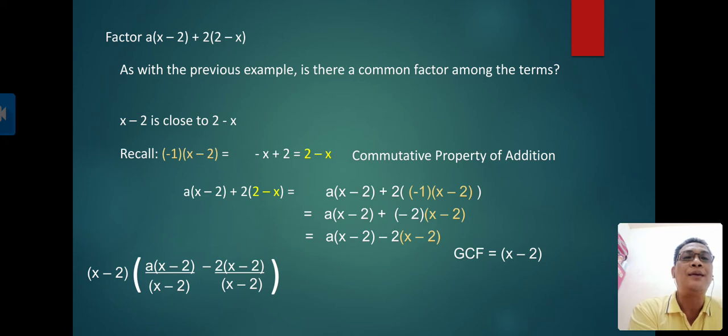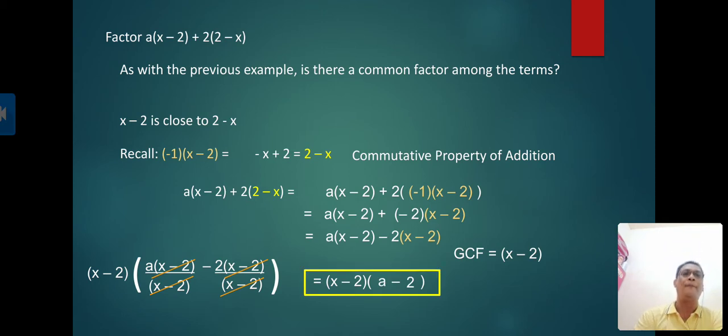So x - 2 on the first term can be cancelled out, and x - 2 on the second term will be cancelled out. That leads us to x - 2, and what remains? a - 2. That will be the factored form of a(x - 2) + 2(2 - x).